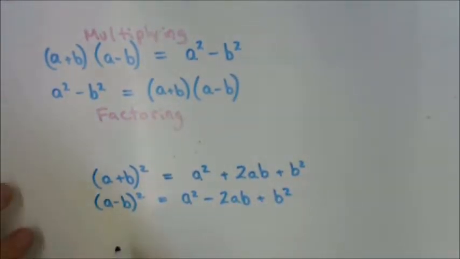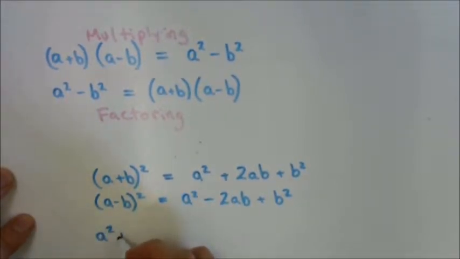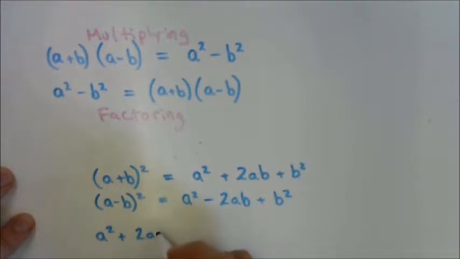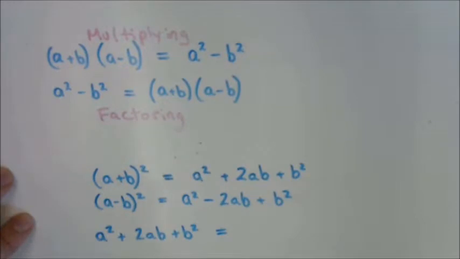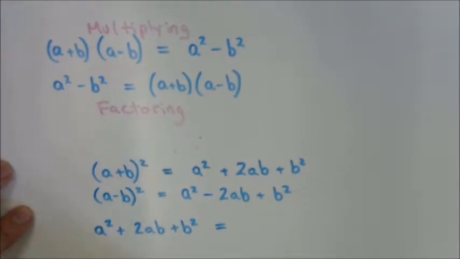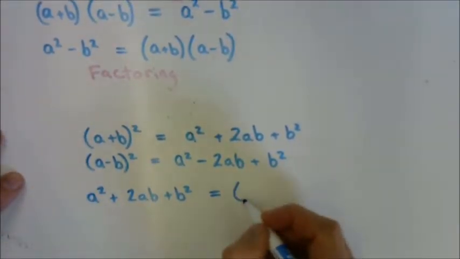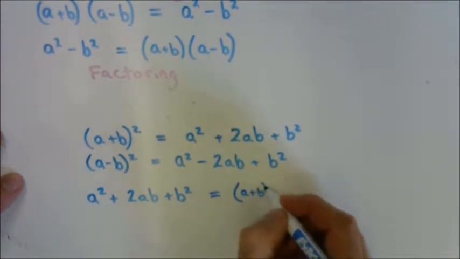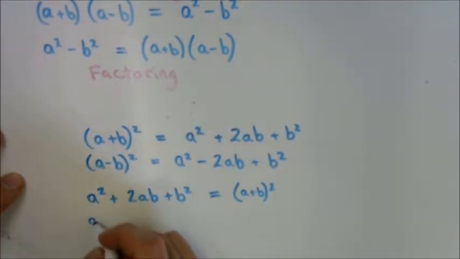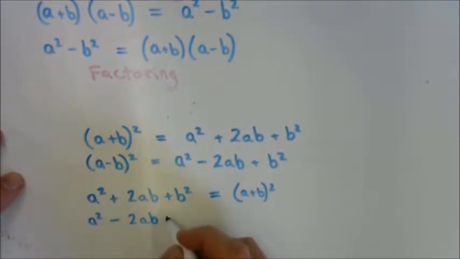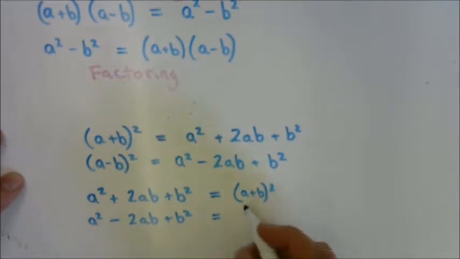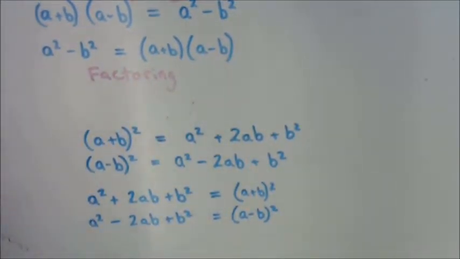Now if those things are true, what is true about finding this perfect square trinomial of a squared plus 2ab plus b squared? What's it going to be equal to? A plus b squared. It's going to be equal to a binomial squared. What if we have a squared minus 2ab plus b squared? What's that going to be equal to? A minus b squared.